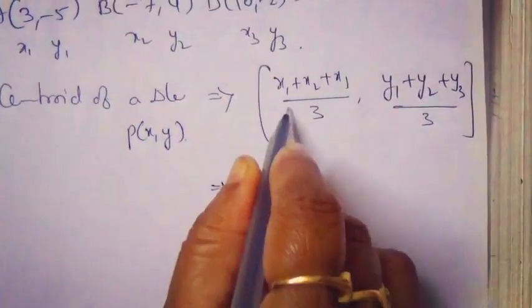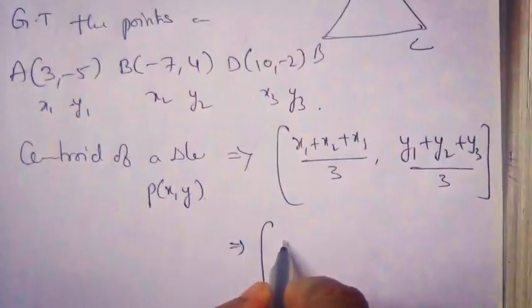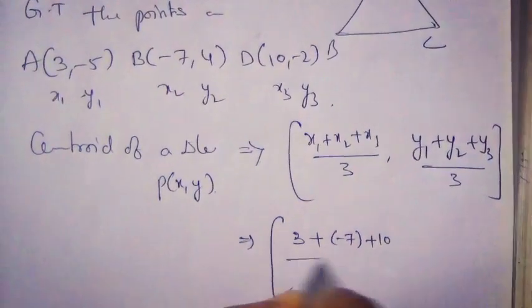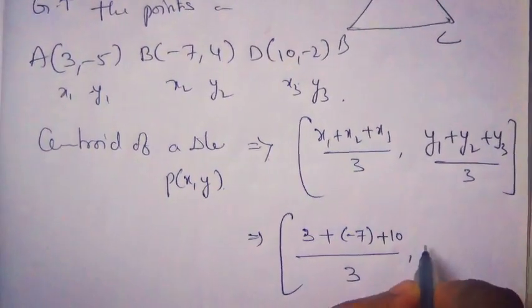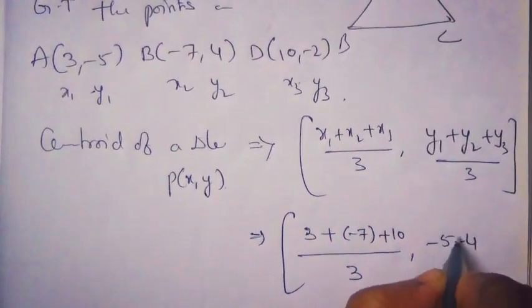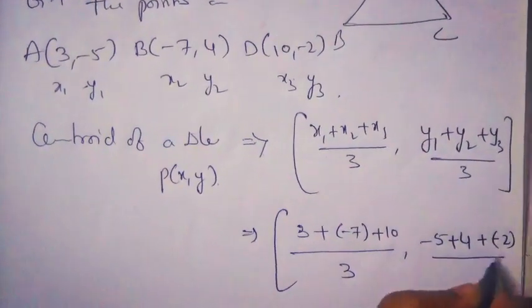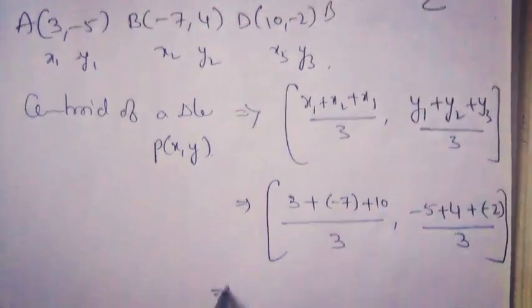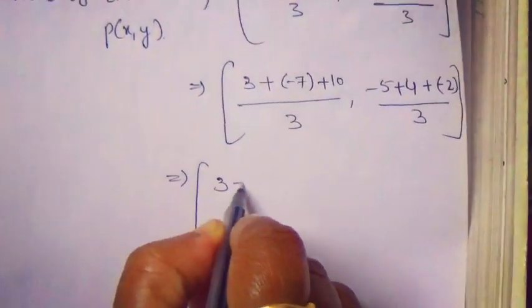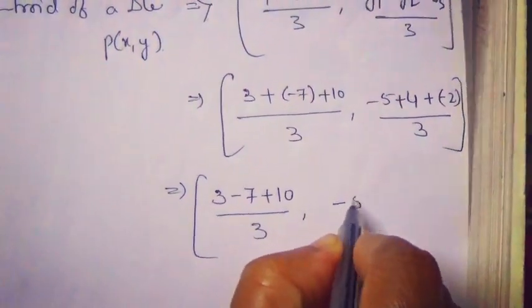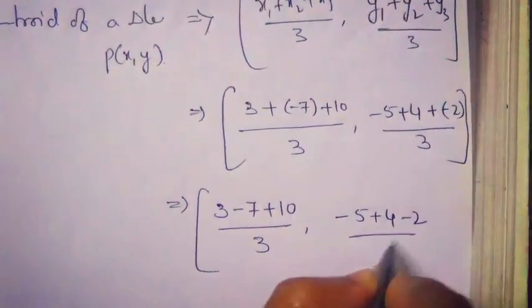So you substitute all the coordinates: 3 plus of minus 7 plus 10 by 3 comma minus 5 plus 4 plus of minus 2 by 3.